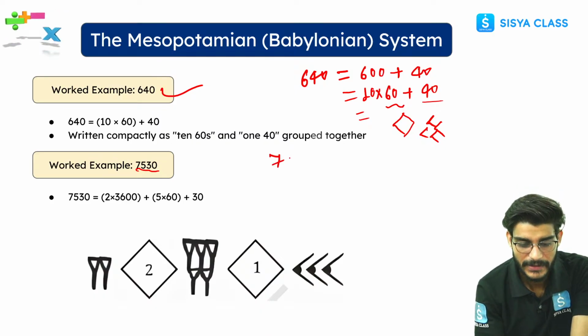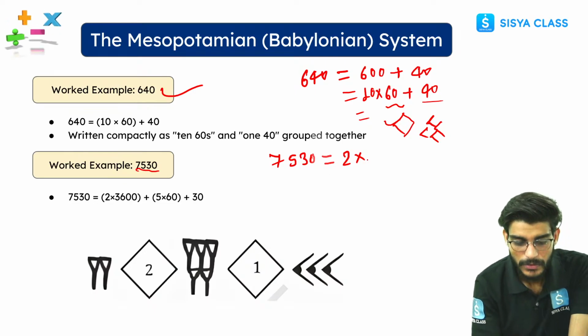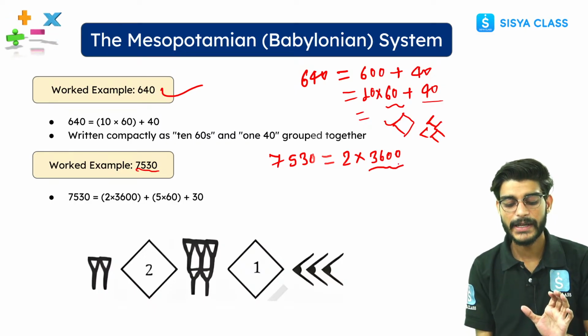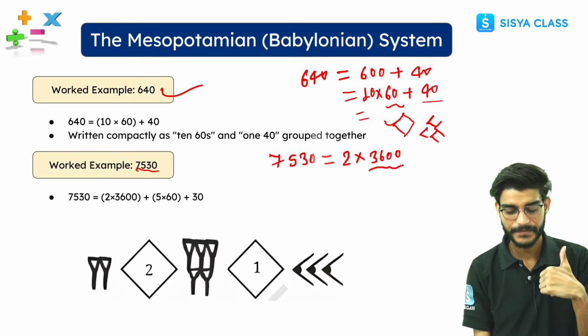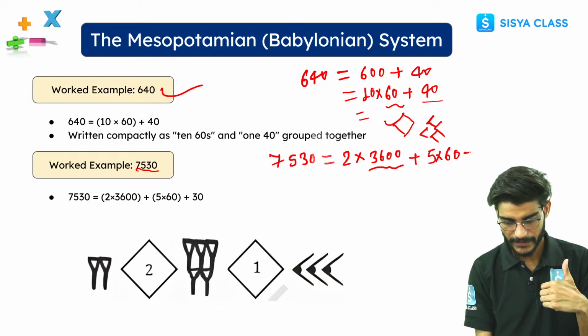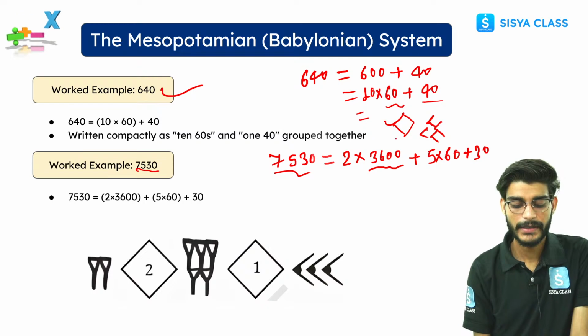So 7530 you can write as 2 into 3600, because 3600 we can break into a power of 60. 2 into 3600 plus 5 into 60 and then 30. Please add these and you will get 7530. I am trying to convert into powers of 60.